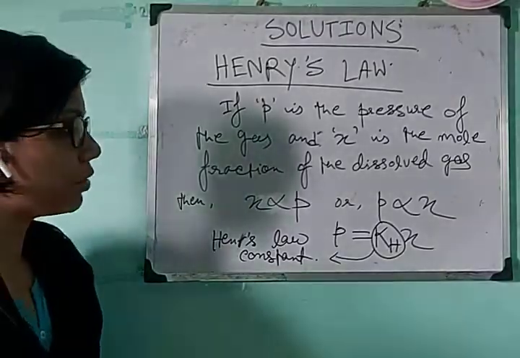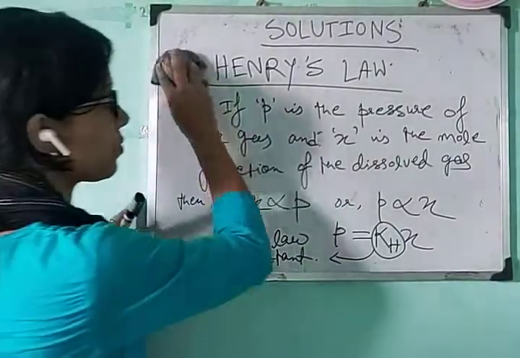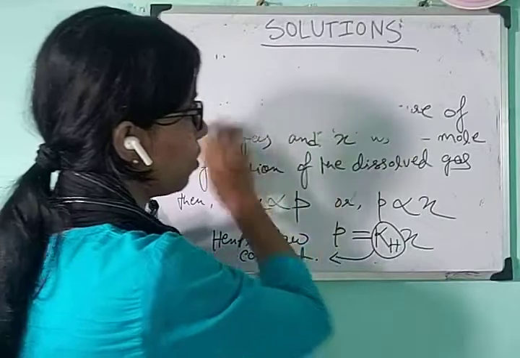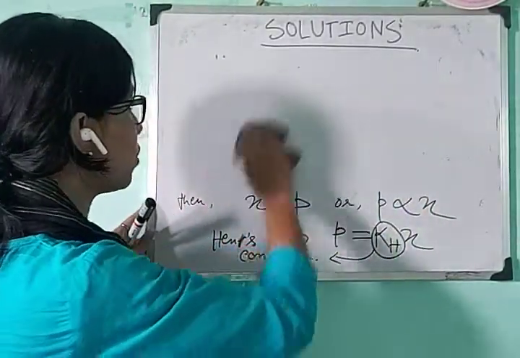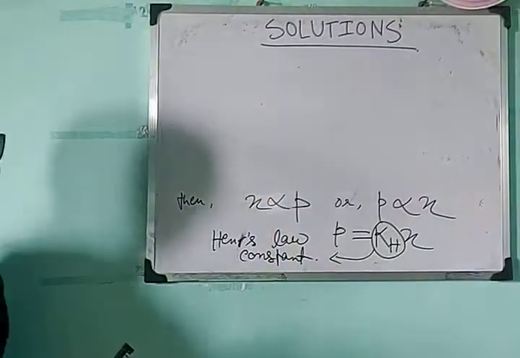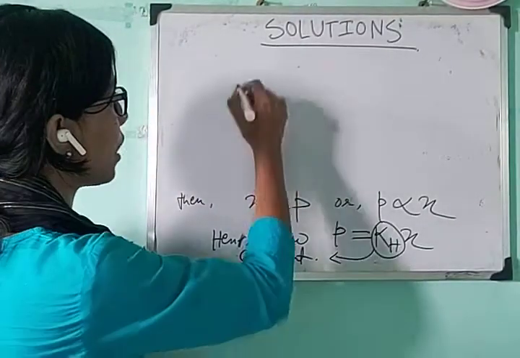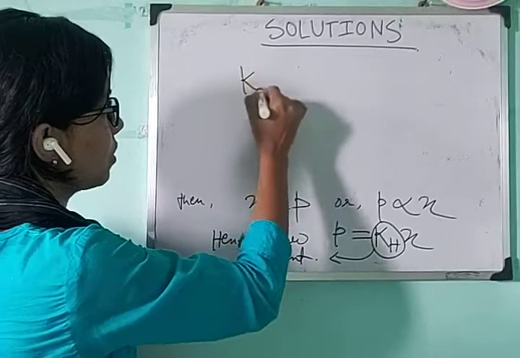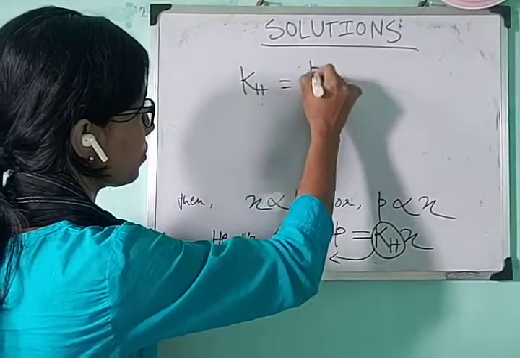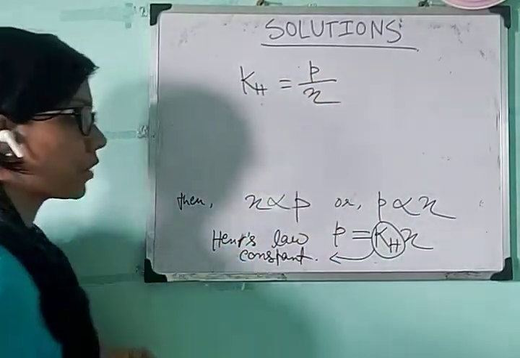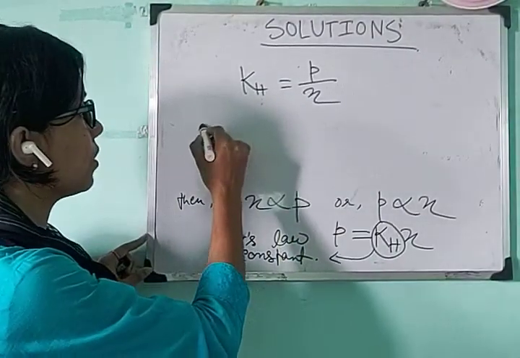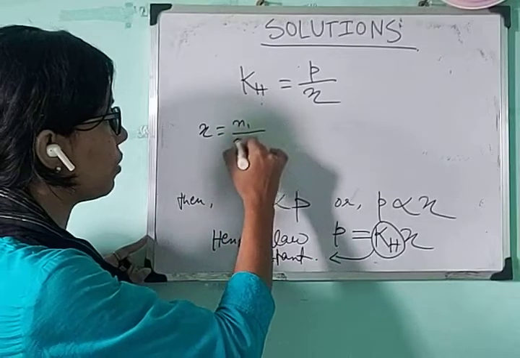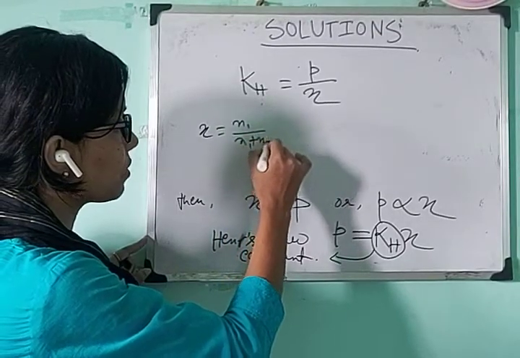Now, what will be the unit of this constant? We can get the unit from the mathematical expression: Kh equals P by X. Mole fraction is represented as X equals N1 by N1 plus N2.